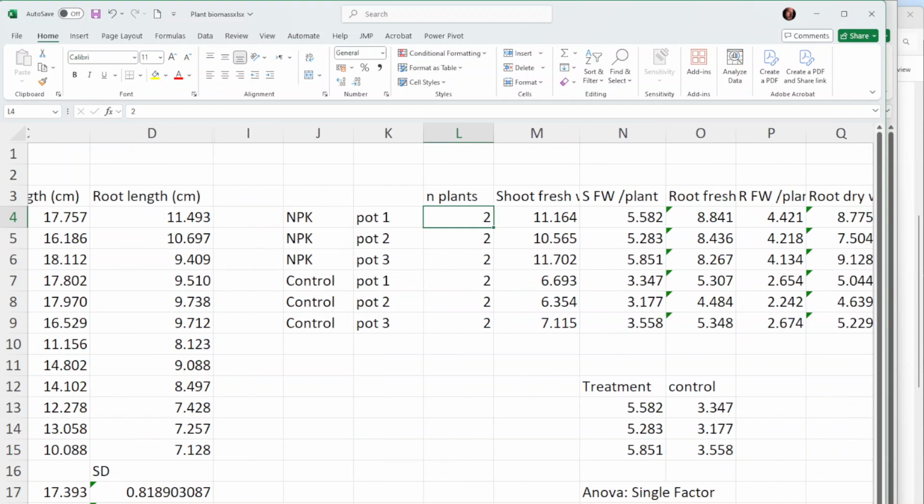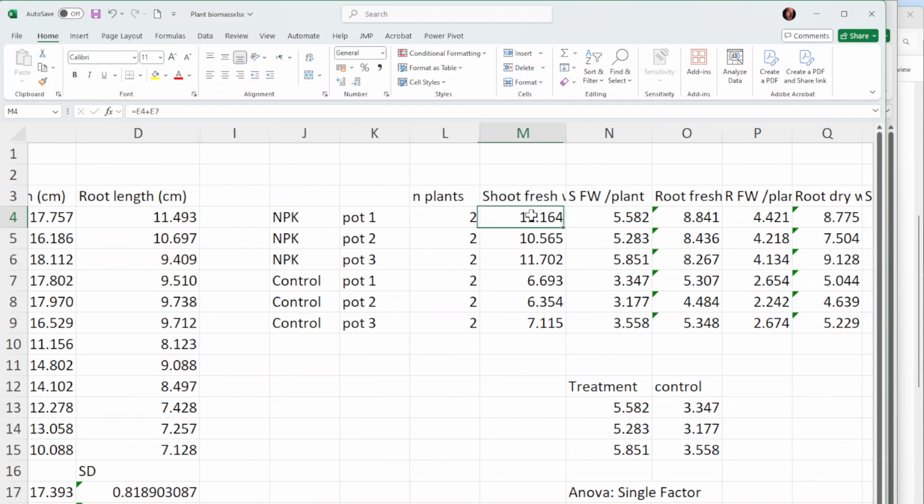So I want you to go, and after you have the fresh weight and the dry weight, you have to divide by the number of plants. In this case, I'm dividing by 2 because my example says I have 2 plants in my pot. But in your case it could be that one pot has 3 plants and the other one has 2 plants. So you have to reflect the weight per plant, okay?